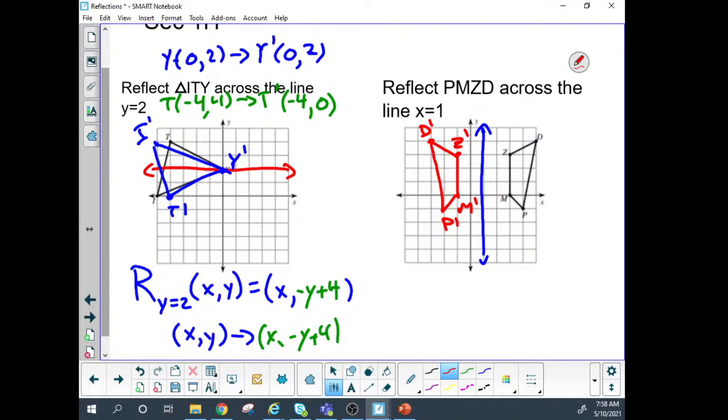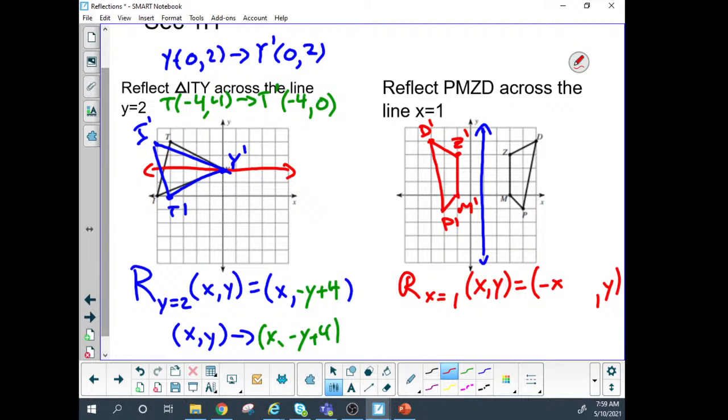Nice. What do you got for the coordinate rule here? You could write just xy arrow, or you could say reflection across the line x equals 1 of xy is going to give me, what's staying the same here? The y. Yeah. And what's going on with the x?